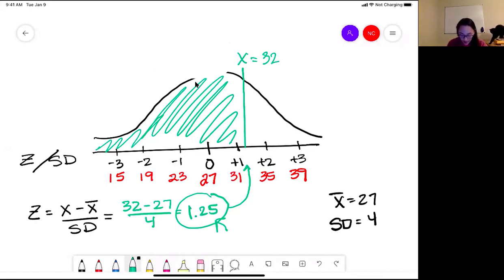Okay, so this area, this green shaded part, we can list it as a probability, lowercase p, as 0.8944. I said that right? Yeah, 8944.